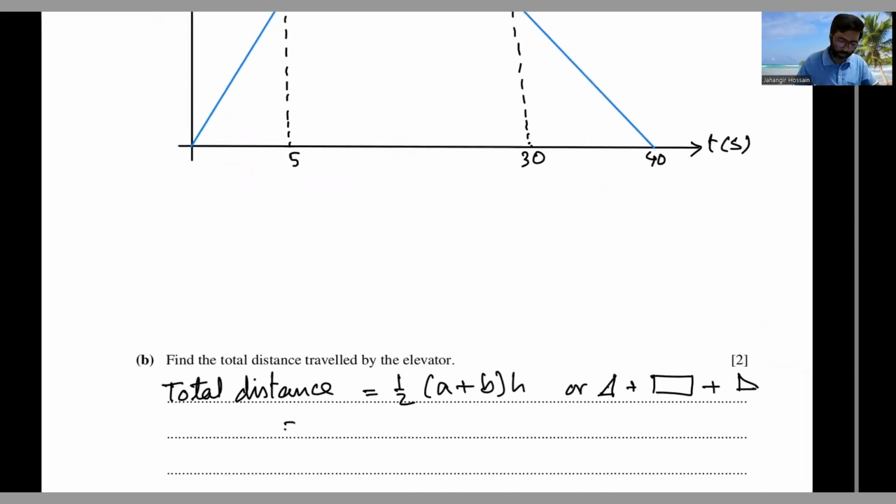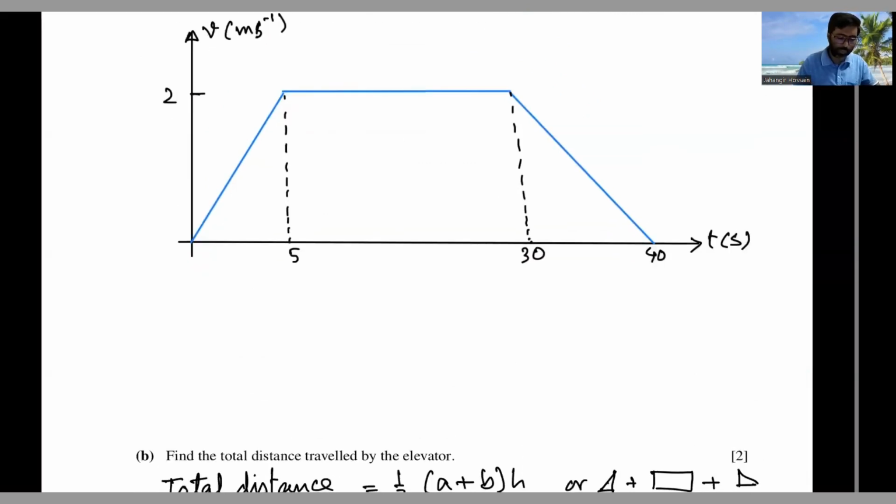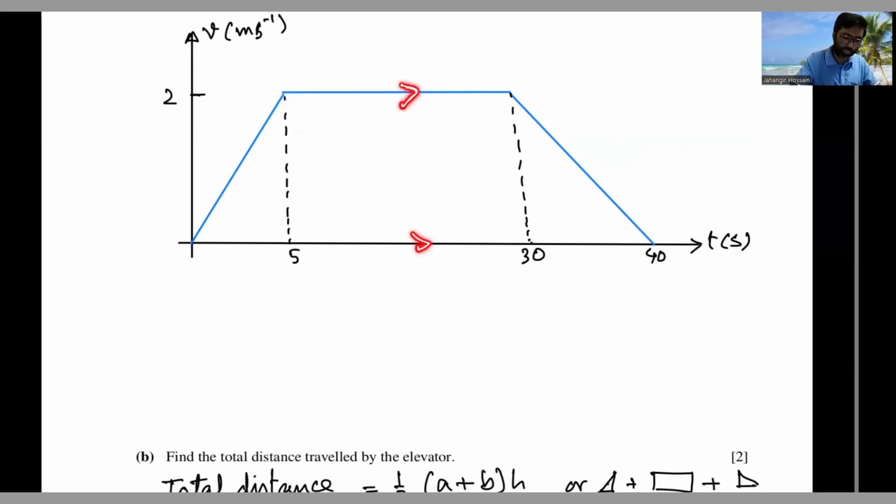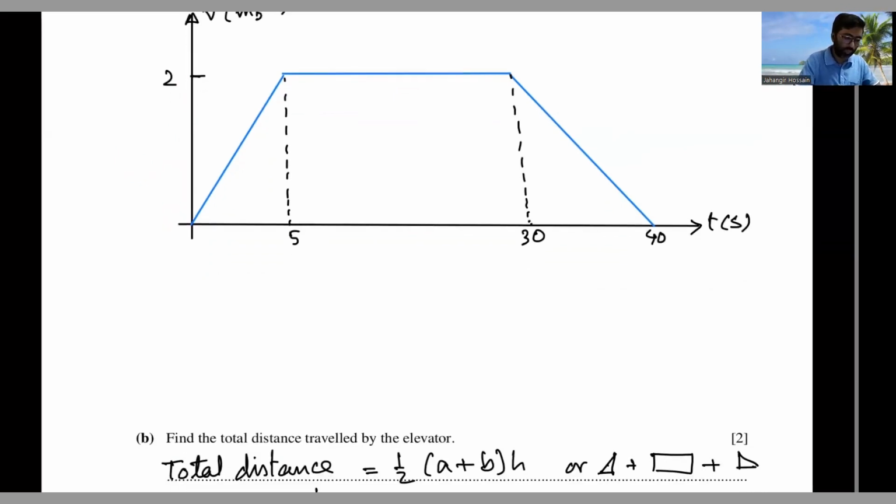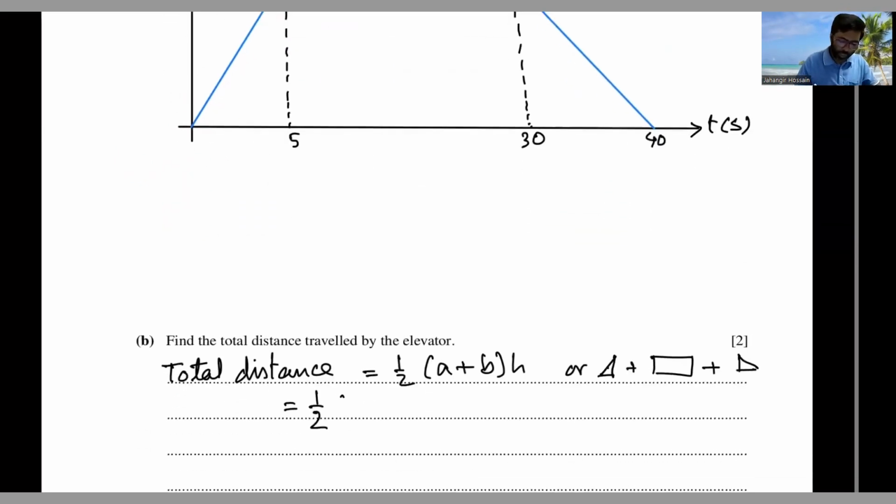If you use the area of the trapezium, then the parallel sides are A and B. In this trapezium, the parallel sides are this and this. If you consider the greatest one to be A, that's 40, and B is 25, and H is this one, this is the H. So we have half times 40 plus 25 into H, which is 2, so that's 65 meters using the trapezium.